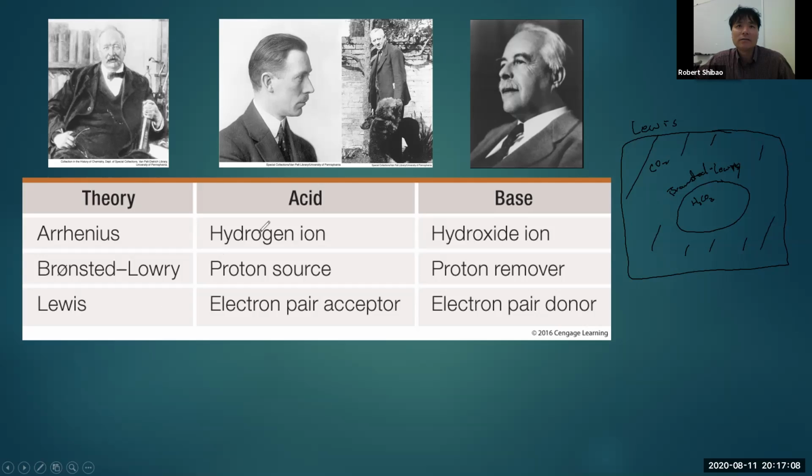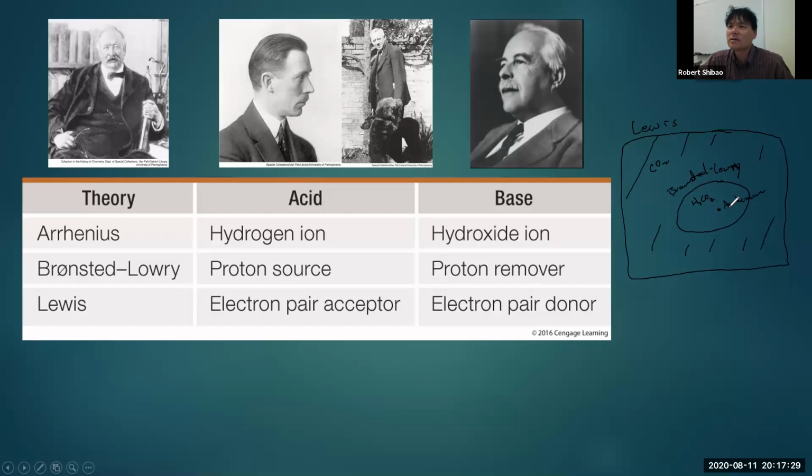And then we have an even smaller set. If you're looking at the Bronsted-Lowry universe, then a small portion of that would be the Arrhenius. An Arrhenius acid is just anything that gives H plus to solution.